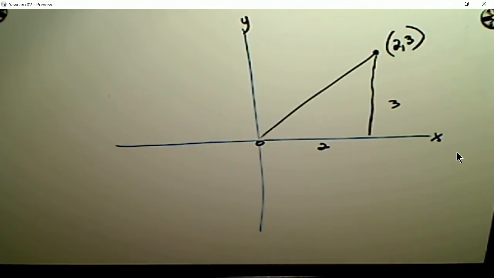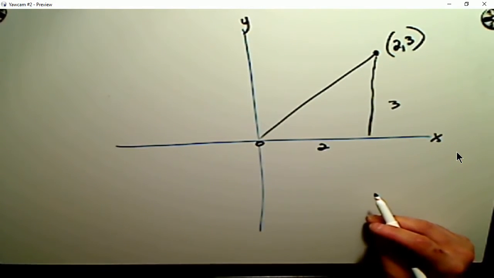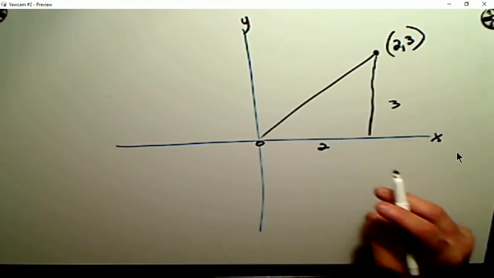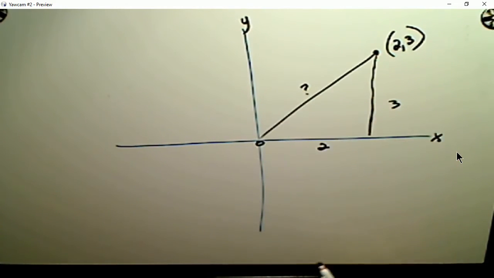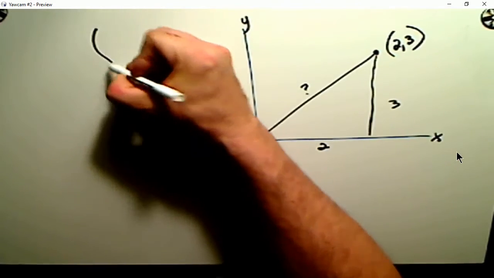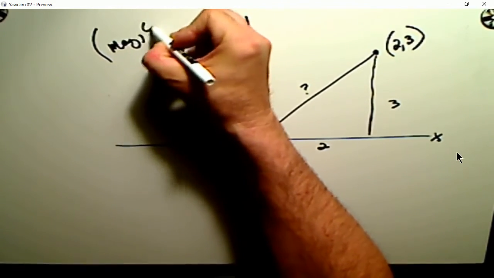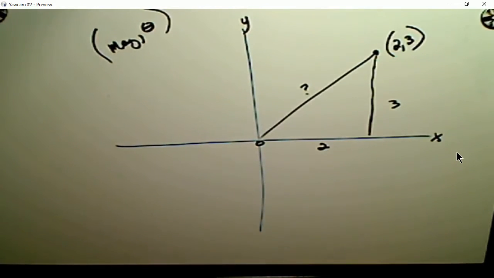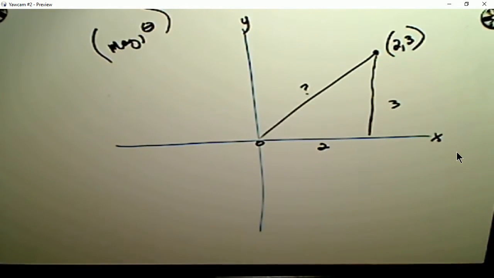So, how would I describe this fully? If I want to get the magnitude and direction, that's often called the polar coordinates, where you get the magnitude and the angle. To describe this vector completely, I need the magnitude and the direction, the units and the angle.